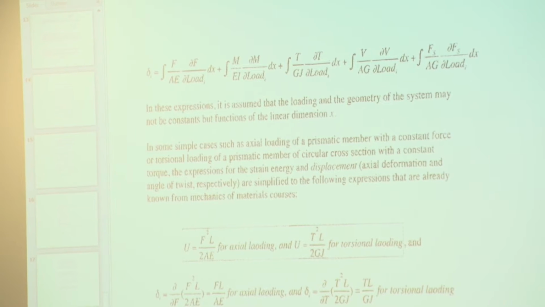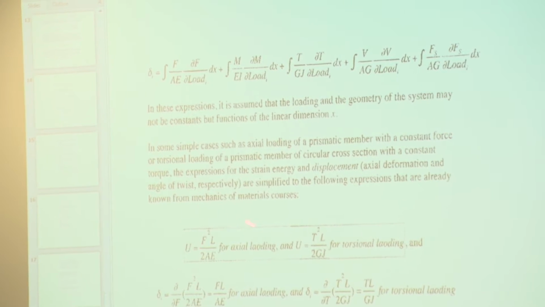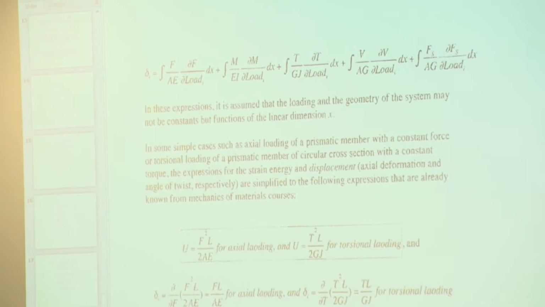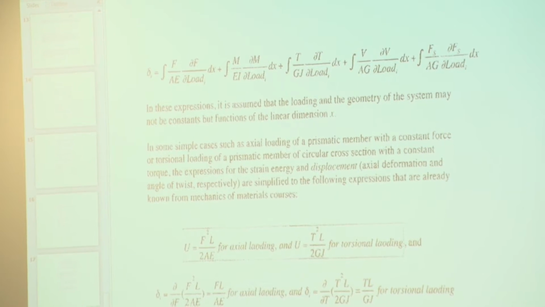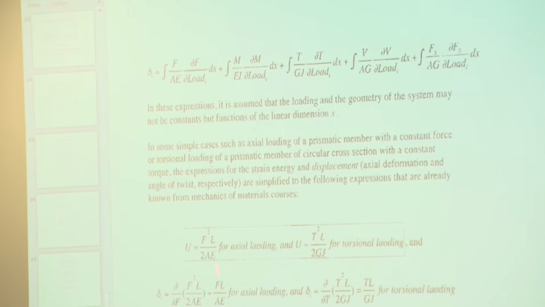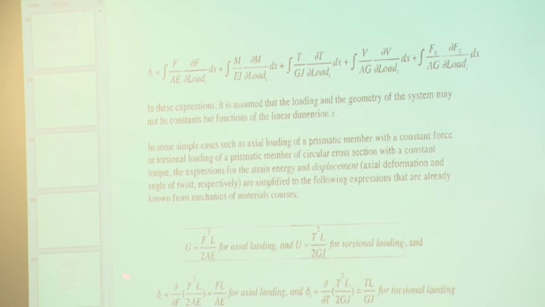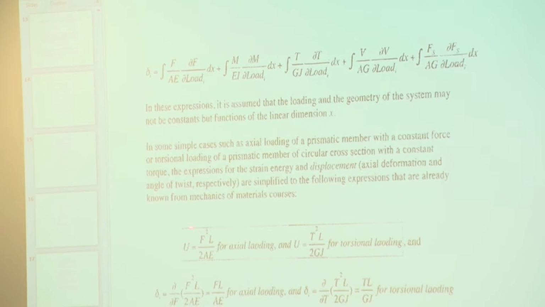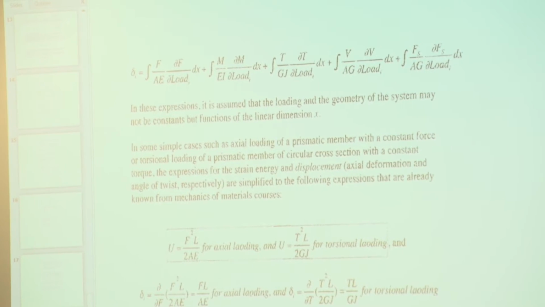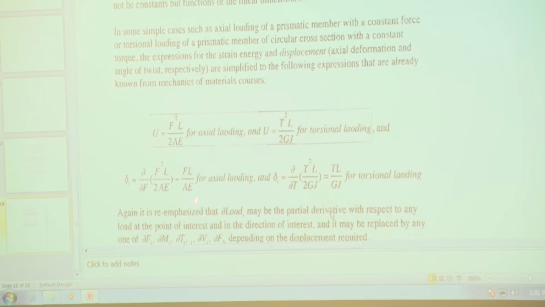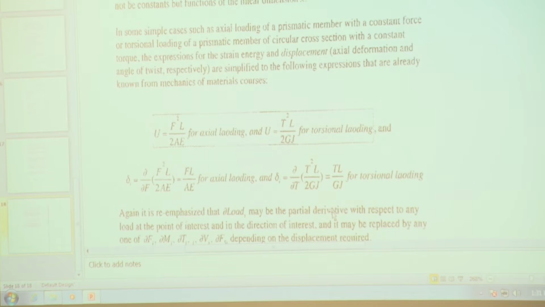So once again, in the cases of constant torque or constant force and constant cross sections, we get these values that we've had before. And this is shown in here just as an example, that if you take the partial of U with respect to the force F, this is for axial loading, you get FL over AE, the deflection in axial loading.